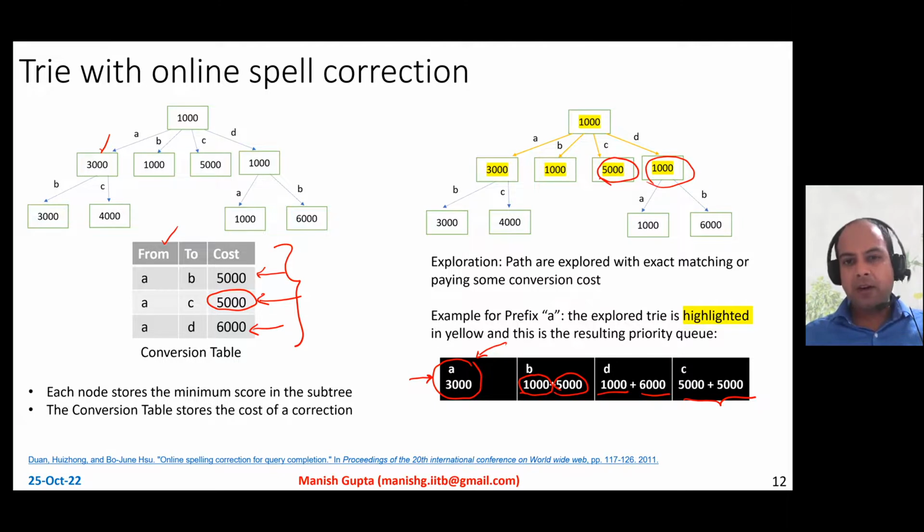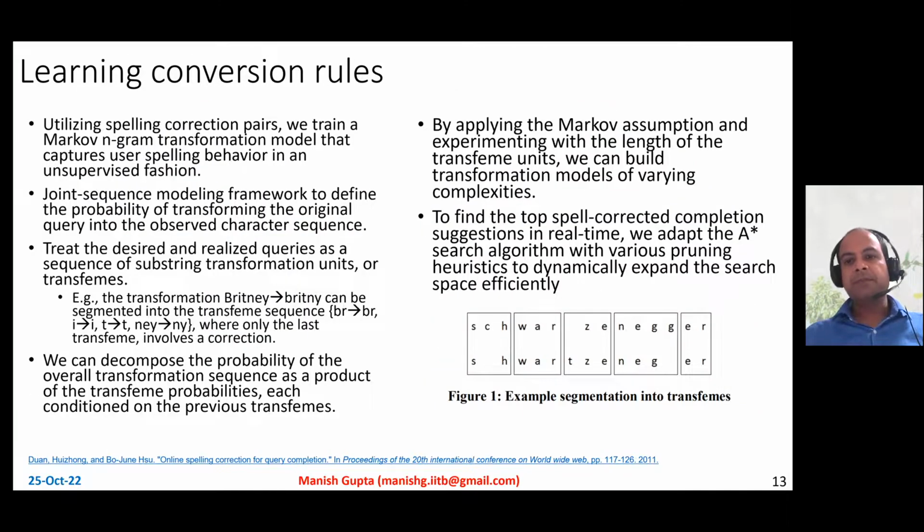Now, the big question is, how do you get these conversion rules, right? So it turns out that in this paper, it is explained nicely how you could leverage past query logs along with a Markov noisy channel based method so as to learn these conversion rules. The idea is pretty simple. You basically take these pairs of queries which have spell corrections being shown by the search engine, right?